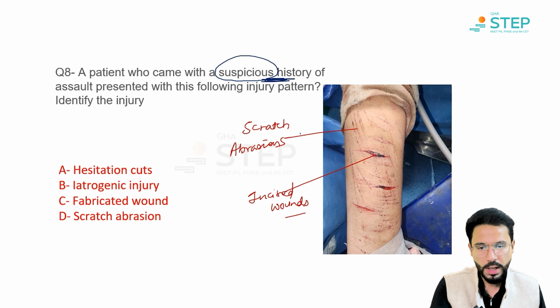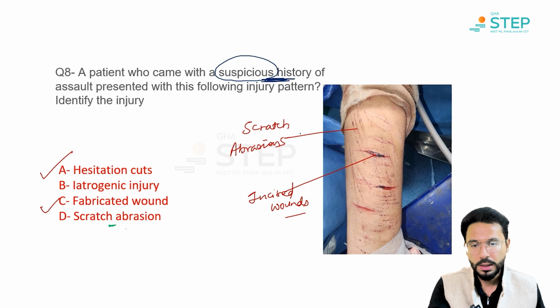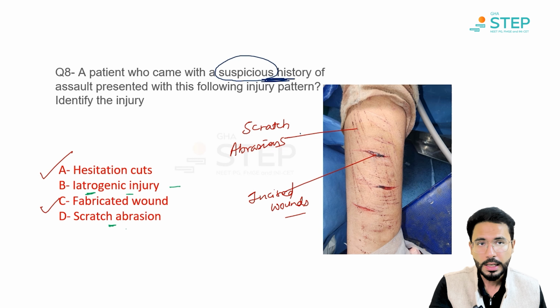So you are confused whether it is hesitation cuts or fabricated wound. Let's leave out iatrogenic injury and scratch abrasion, because obviously the scratch abrasion is in front of you in this picture, but we are talking about something suspicious, and we are also seeing some incised wounds that are here.